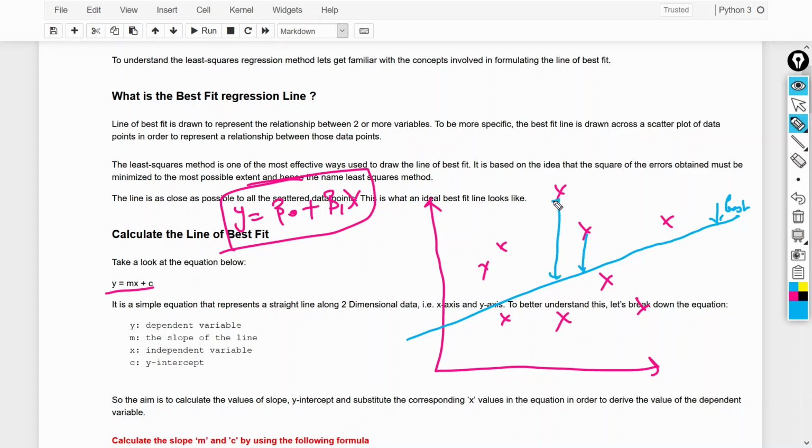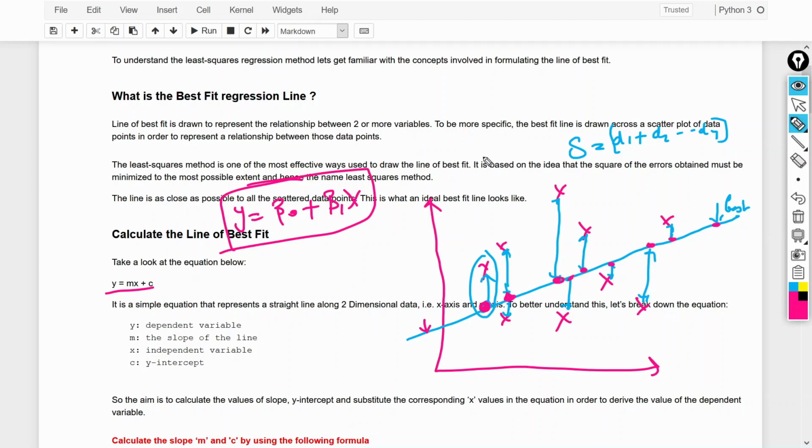We calculate this distance and this distance, and sum all these distances. It means d1 plus d2 plus dn. Here I am directly adding. This value we can say is your predicted value, because if this is the best fit line, this is your predicted value.